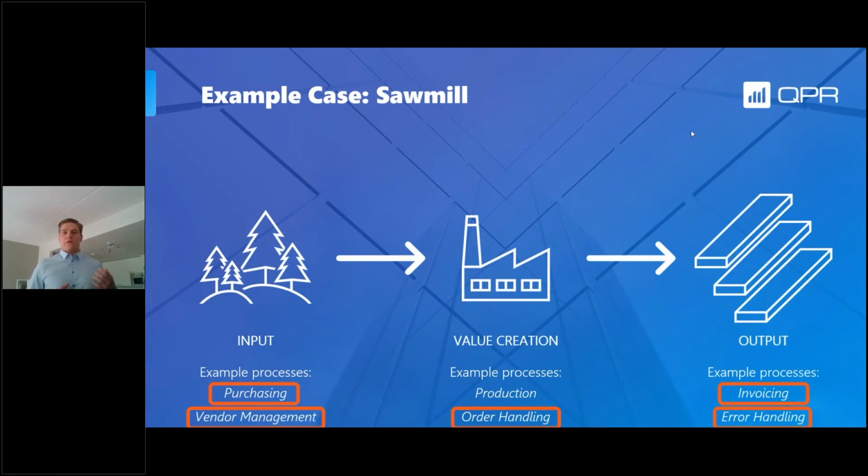Or maybe you have arranged some discounts with specific vendors, but then for some reason your purchasing team is not taking advantage of those discounts and you are basically losing money like that. So you would probably like to investigate why that is happening and therefore improve the process. So even though these back office processes may not be as visible as the production process, they are just as important, and you should consider those processes and you should improve them. Right.